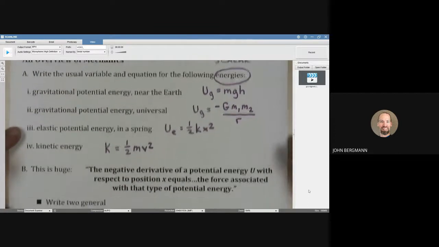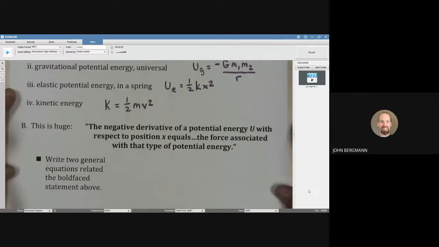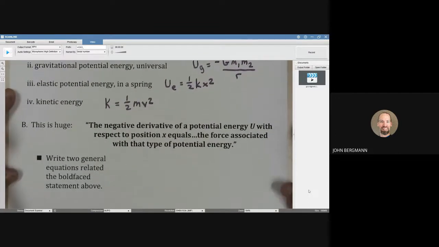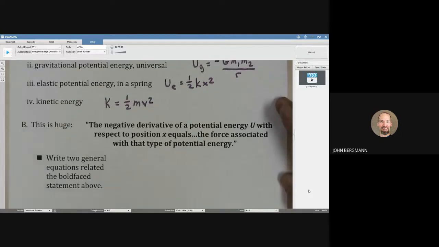This next part is huge. It will come into play several times. The negative derivative of a potential energy U with respect to position x equals the force associated with that type of potential energy.